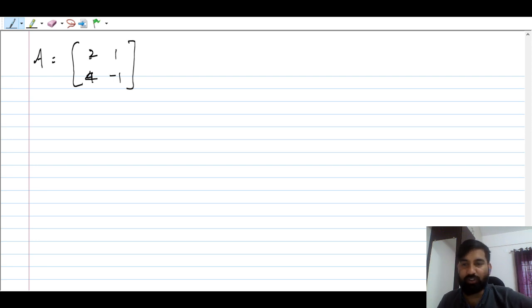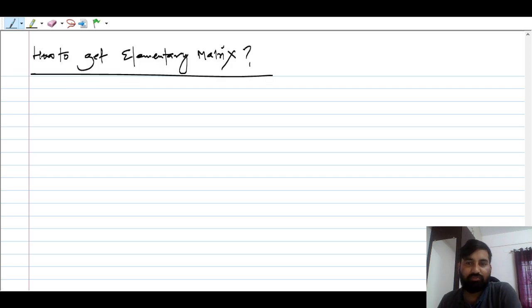so you have to understand, guys. So what we can do, so how to get the elementary matrix? Keep this in mind, right? See, A to L you have applied some column operation, right?